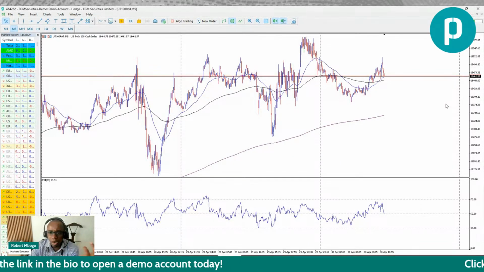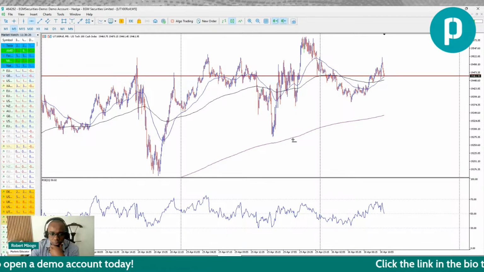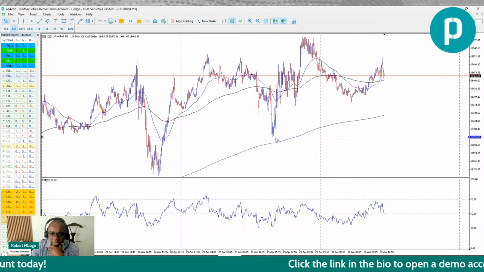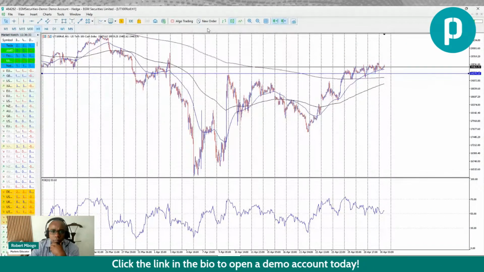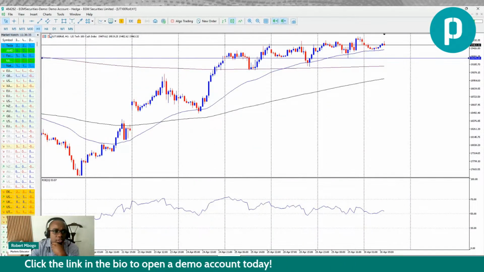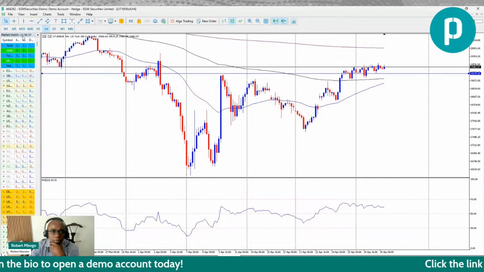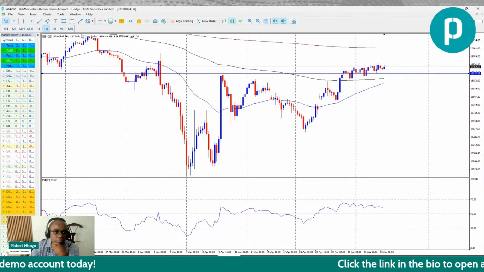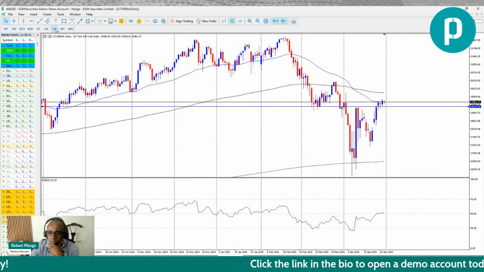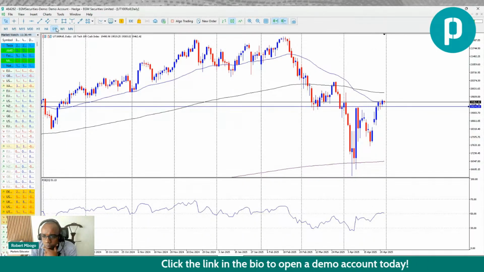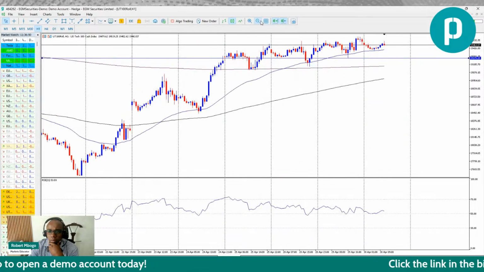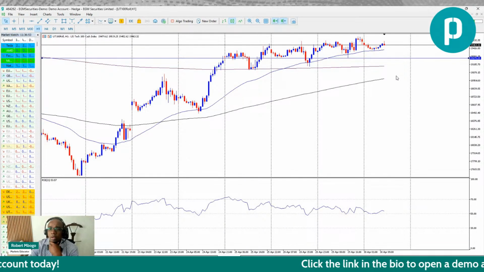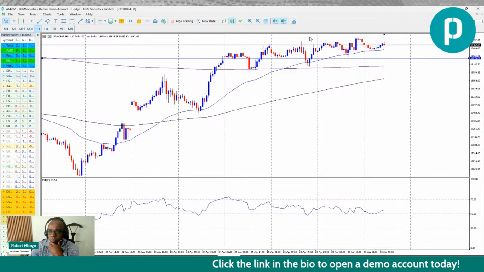Okay, so on Nasdaq, I'm still looking at a bullish play, but I would want it to test yesterday's low. Sorry, I would want it to test yesterday's low before moving up.